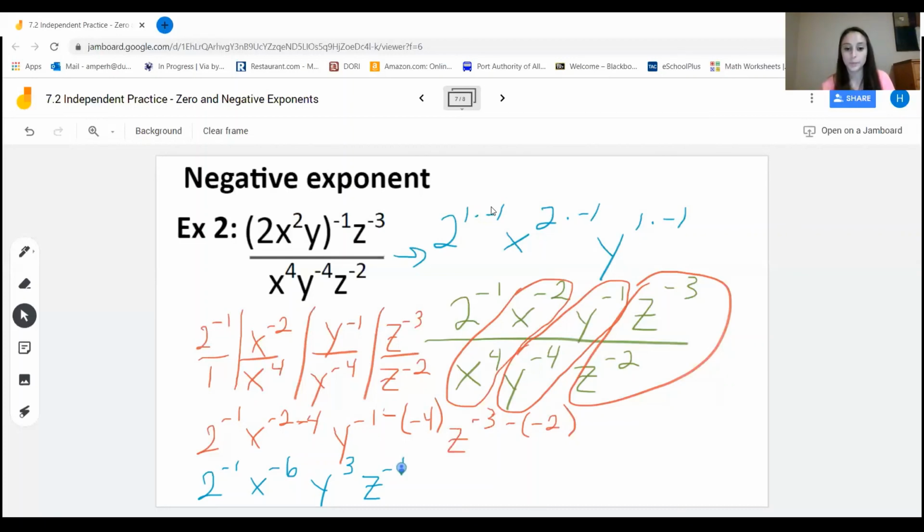Okay? So now we are left with our almost simplified form, but we can't have negative exponents. To simplify the rest of this, we have to flip the terms with negative exponents. The ones with positive exponents can stay on top as the numerator. The ones with negative exponents will become our denominator. So what this will look like, I'm going to write it over here because I have a little bit more room.